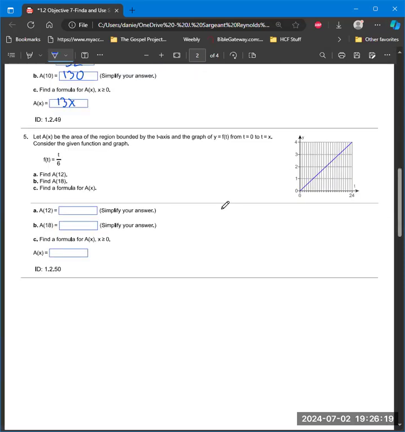If we go out to x, then we have 13 times x for our area function, A of x. Now we have the line f of t equals t over 6, or 1/6 t. We're going to end up with the area of a triangle here when t is 12. 12 divided by 6 is 2.